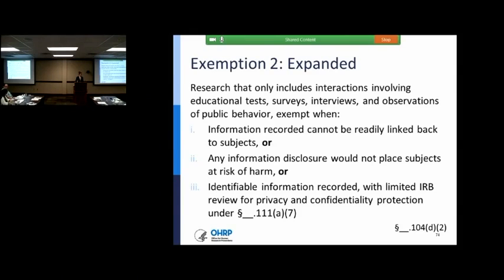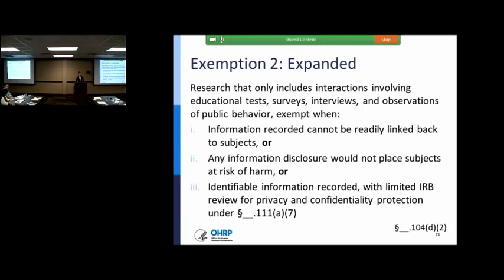There are actually specific harms that should be considered, such as criminal or civil liability, and whether the information might be damaging to the reputation, the employability, or the financial standing of the participants. These are all the kinds of harms you're expected to consider when deciding whether disclosure of this information would cause harm to the participants.